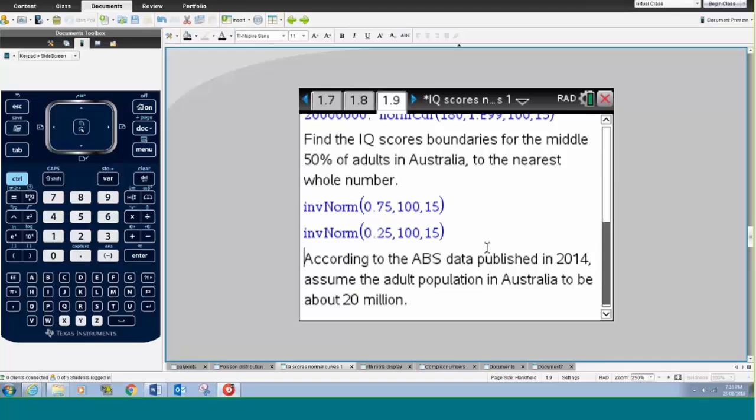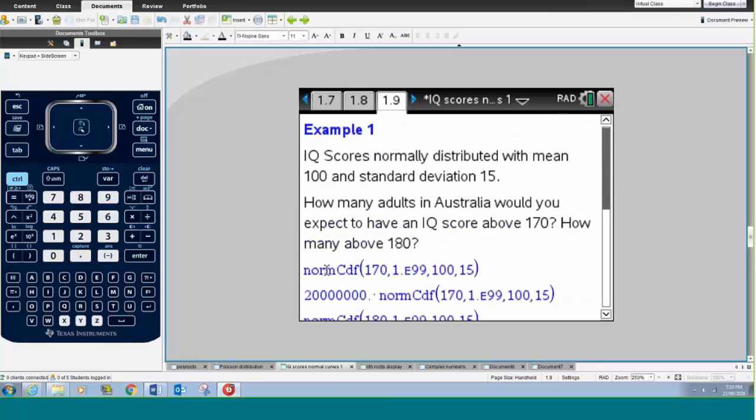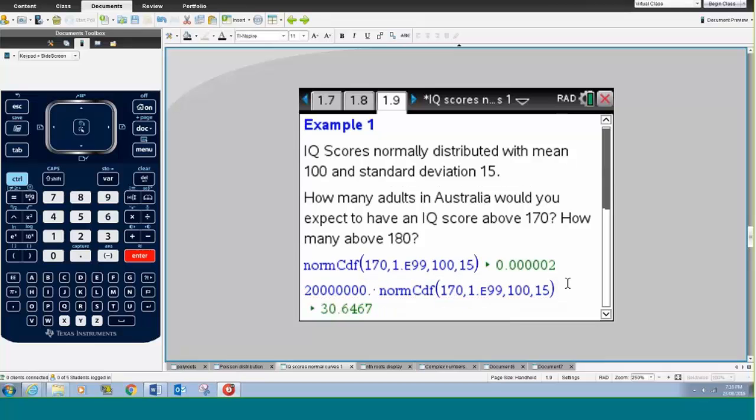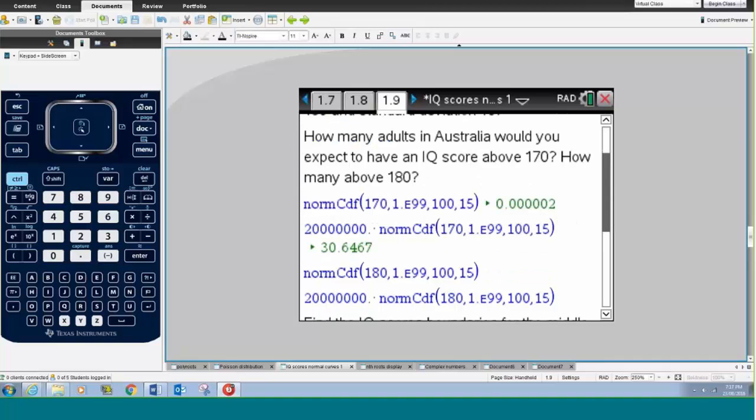According to the ABS data from 2014, we can assume that the adult population is about 20 million. So we need to use normal CDF, which on the screen is also in probability distributions. If we do that, we get this value, and multiplying by 20 million gives us about 30 Australians.